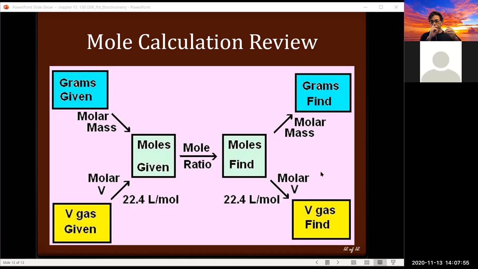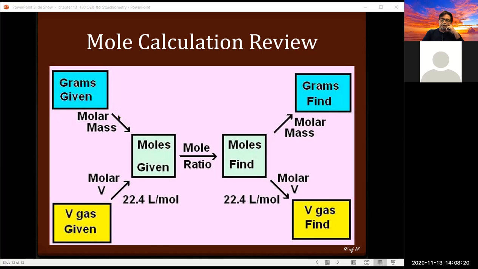I've seen examples of students doing calculations, I don't know how they did it, but they're incorrect, where you took grams of A and created grams of B without going through moles, okay? That's not possible, right? Highly impossible given the information you're given. Let me restate that in that manner.